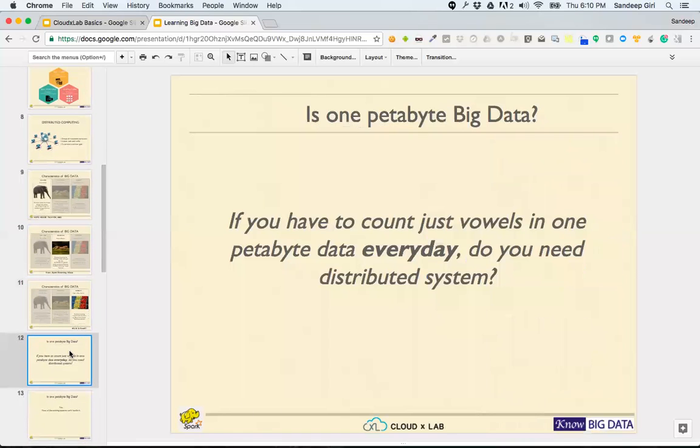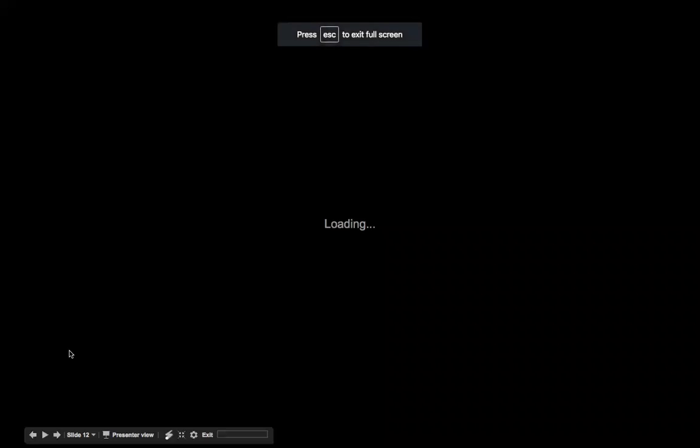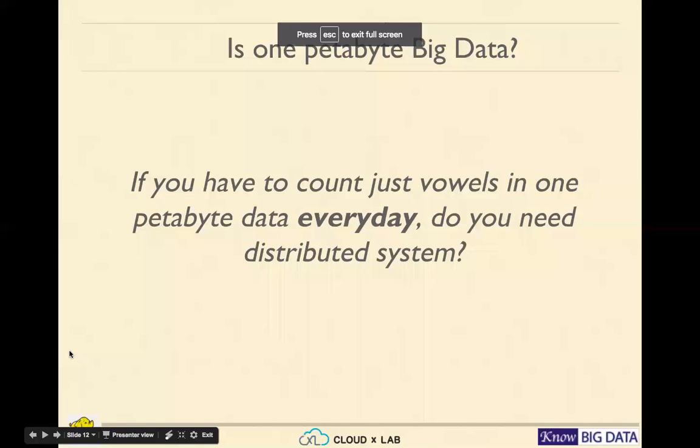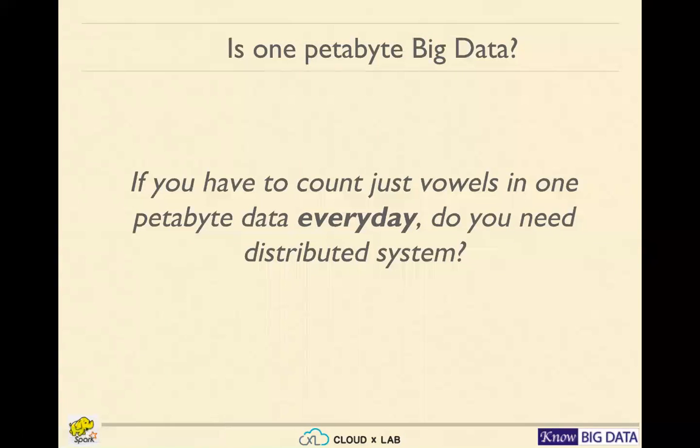All right, now my turn to ask a question. We learned the basics of big data, and we also know that a petabyte is huge data. A petabyte is 1024 terabytes. The question to you is: is 1 petabyte big data?